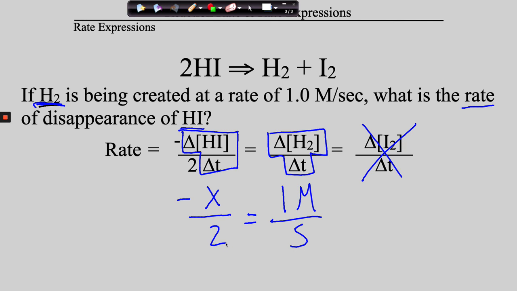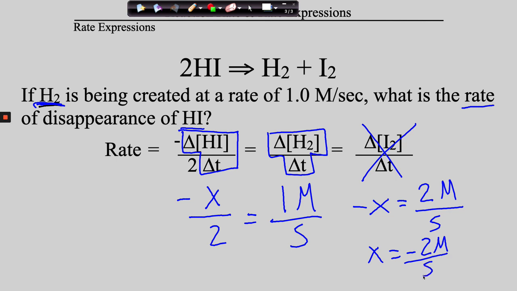Now we can solve this for x. X is already in the numerator. So in order to solve this, we cross multiply and we get negative x is equal to 2 molarity per second. But then solving for x, we say x is equal to negative 2 molarity per second.